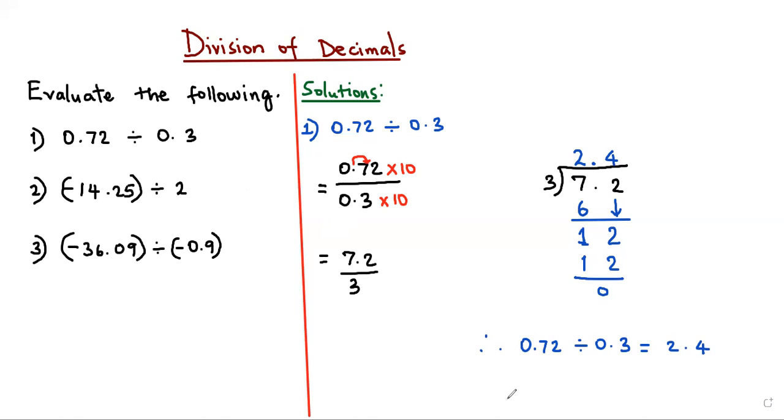In number 2, let's try number 2. Remember we have got negative 14.25 and we are dividing it by 2. Okay.